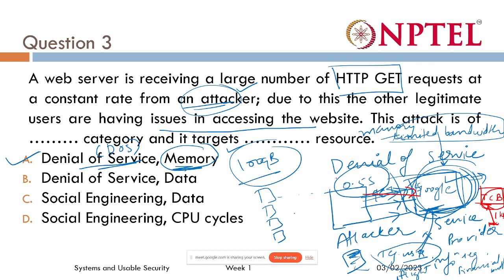Because every request sent to the server will have the transmission control block, with its header, what kind of fields the request needs, what kind of data it needs from the server, and that information will be stored here. So always the memory is attacked. Why? Because these requests are consuming memory in storing this information at the end of the server. So it will always be the memory, not the CPU cycles.